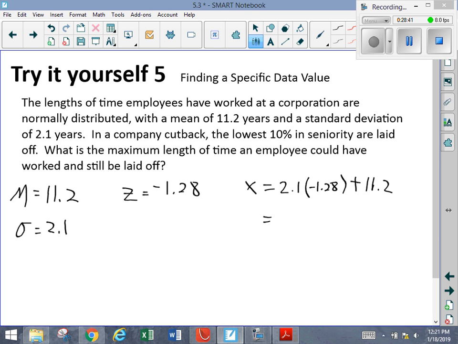So anyone who has worked here less than 8.512 years is getting fired.